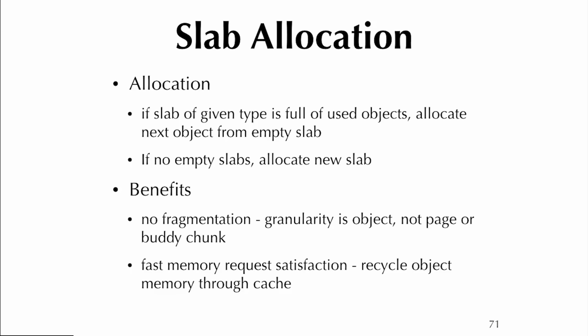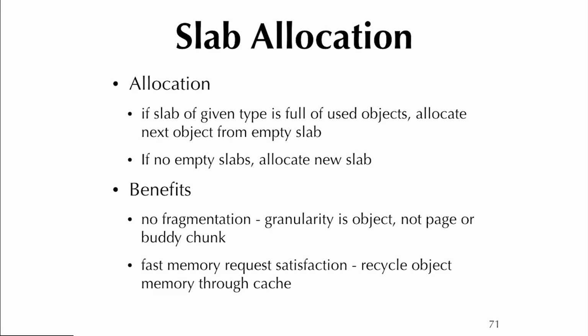It's minimal fragmentation. At some point, you might not be perfect in fitting every single byte of the page, but close, right? Now, granularity is objects, and they're packed as closely as possible. It's not page or buddy chunk. At some point, you still want to pack them in some multiples of pages.